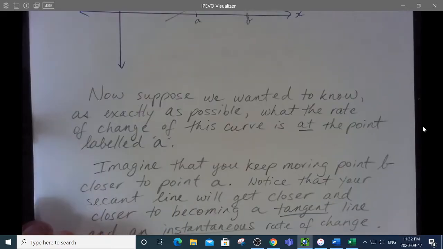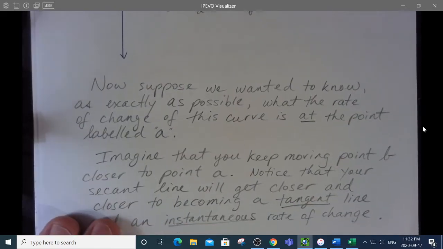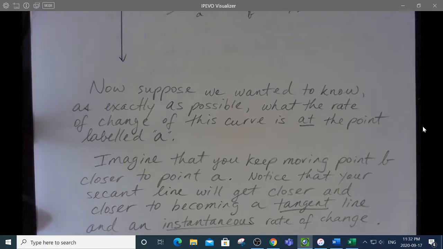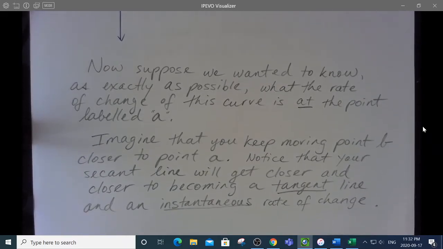Imagine that you keep moving point B closer to point A. Notice that your secant line will get closer and closer to becoming a tangent line and an instantaneous rate of speed, or rate of change.